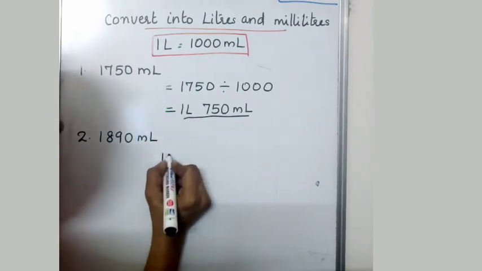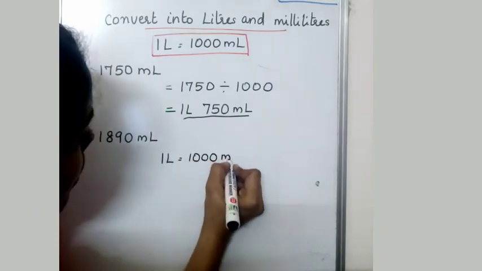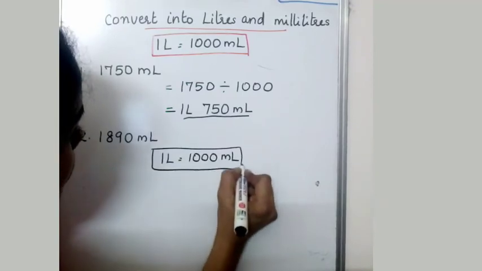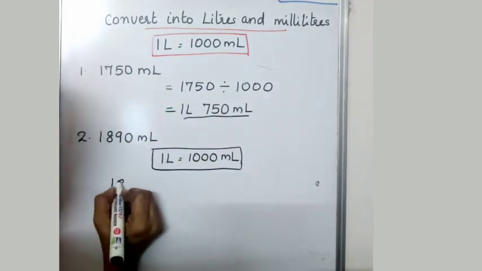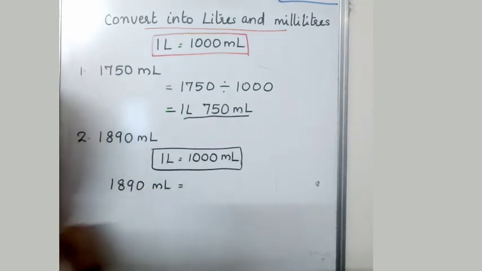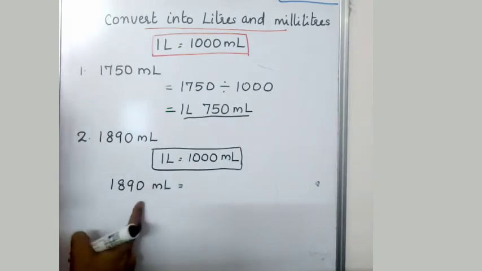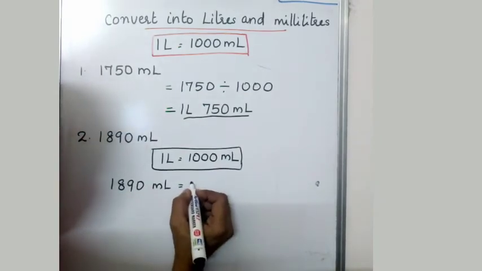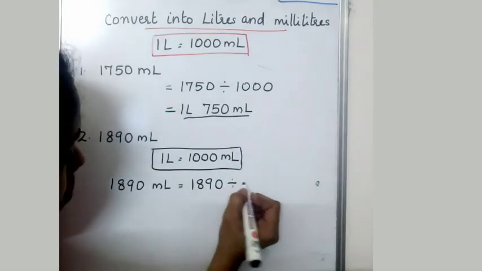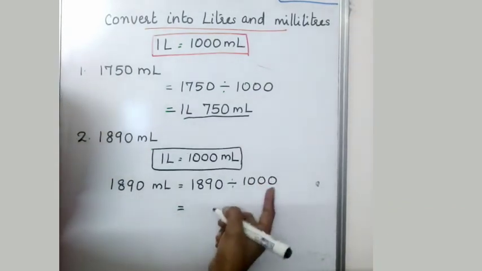We know 1 liter equal to 1000 milliliter. 1890 milliliter equal to, from this equation only we can write this step. 1890 divided by 1000, 3 zeros.